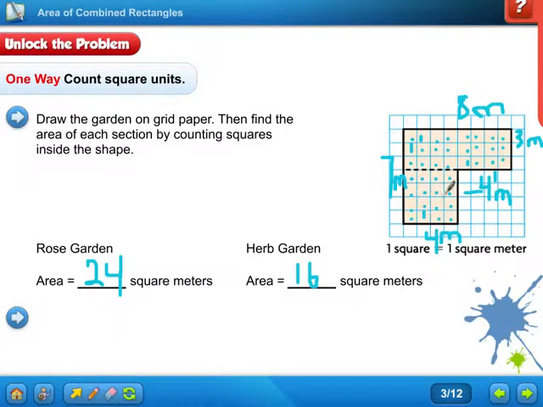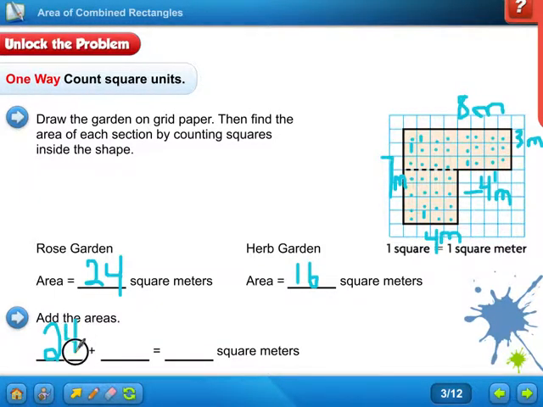But remember, that was just the herb garden and just the rose garden separated, and they want to know what it is together. So now you have to add 24 plus 16, and that will give you, how many of you said 40? Such smarty pants. All right, so 40 square meters.